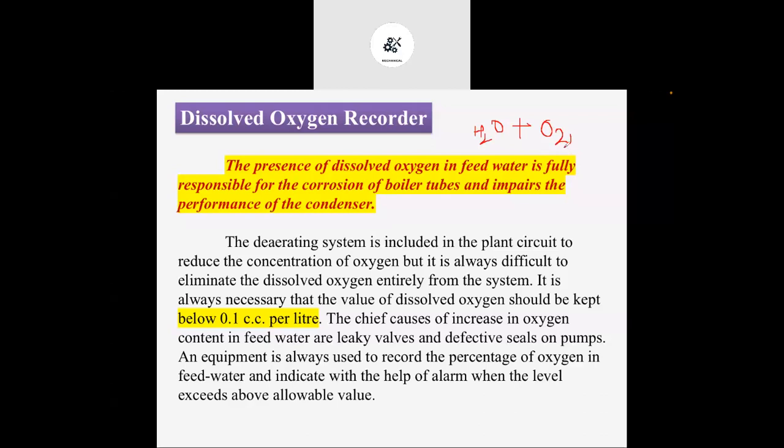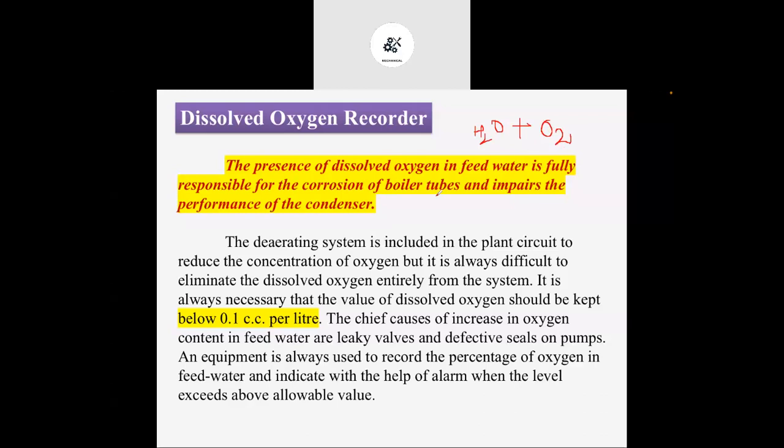It is this molecule of oxygen that is dangerous and takes part in the corrosion reaction. We have to reduce this dissolved oxygen.